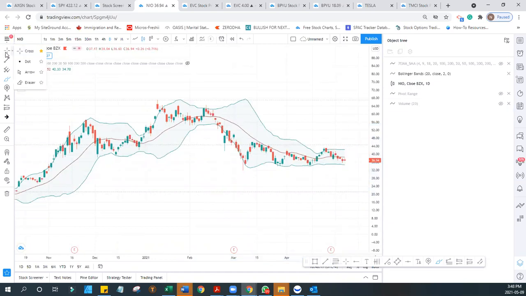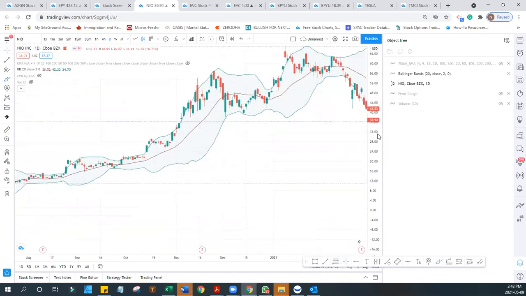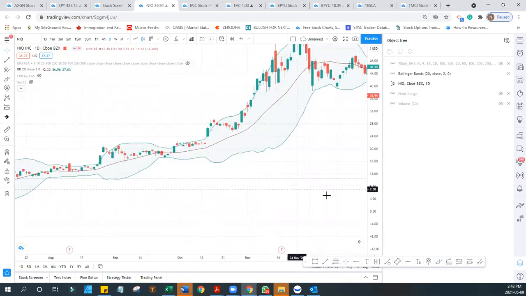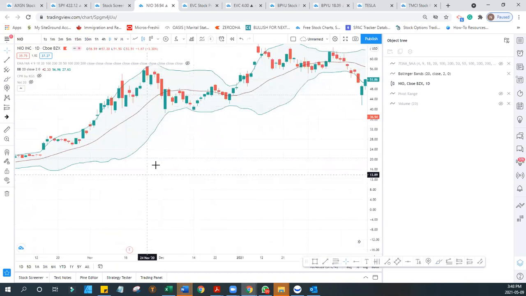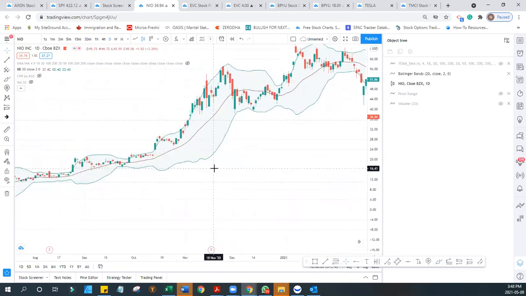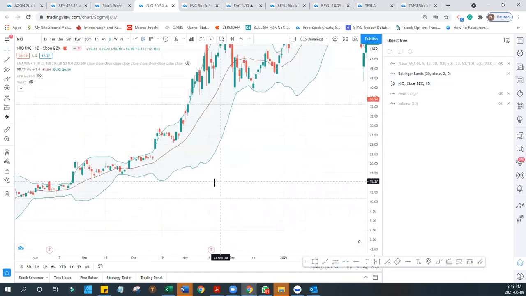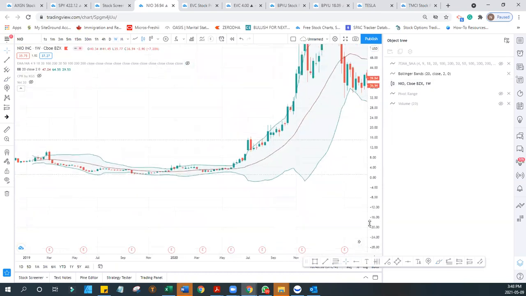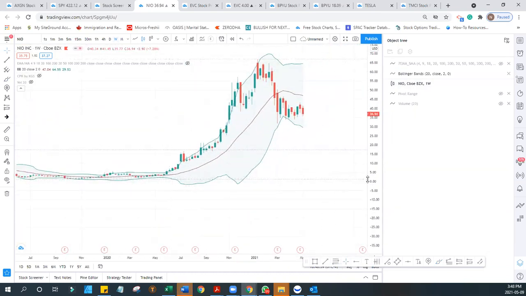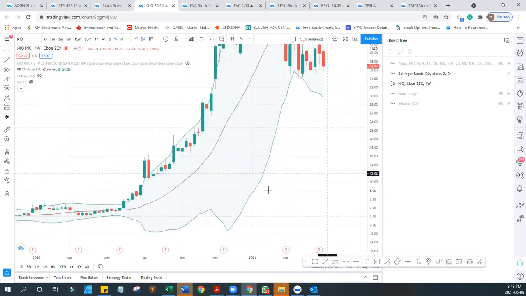Okay. So now, if you see here, if you are doing a long-term investment, whenever the price is around the 20 SMA, either on the weekly or the daily, you get in.